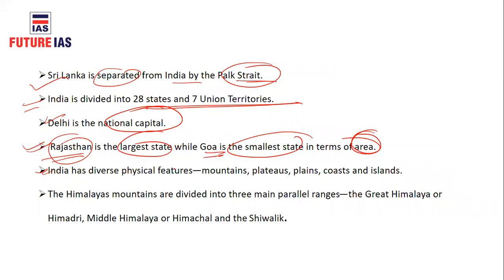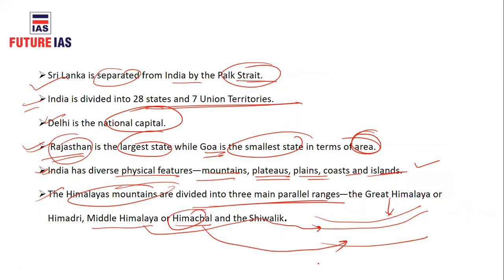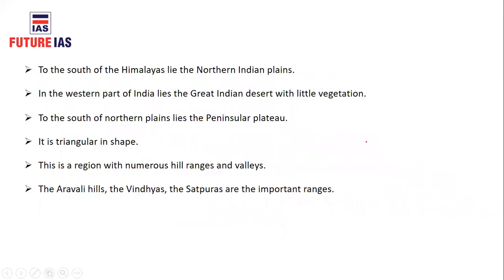All right, and India has diverse physical features in terms of mountains, plateaus, plains, coast, and islands. The Himalayan mountains are divided into three main parallel ranges. For example, if you draw these ranges, it will look like the Greater Himalaya here, the Middle Himalaya is this range, and the Himachal is this range, the southernmost range.